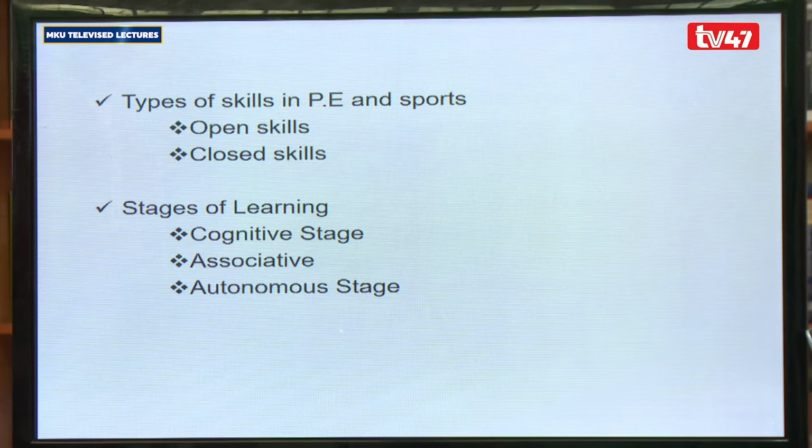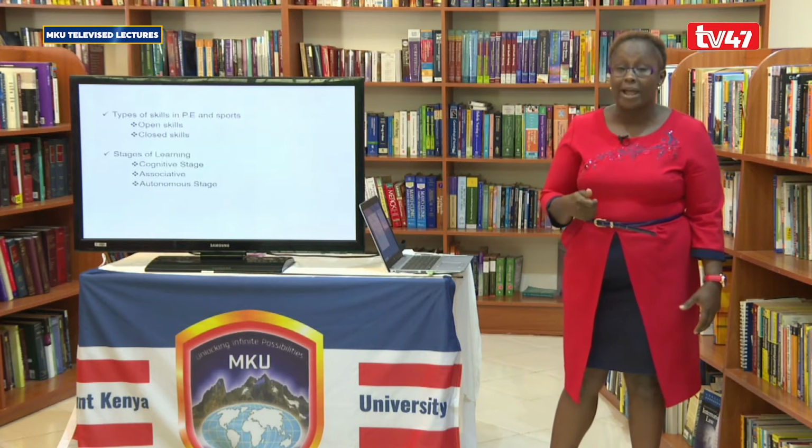For instance, if I'm learning a skill in badminton or tennis, I first have to learn how to handle the racket, which means I must know the grip of the racket itself. So during the cognitive stage, I must ask myself questions like, how do I handle the racket? What grip do I use? During that stage, there are so many errors occurring because the learner is doing it for the first time. But as time progresses, these errors become fewer and fewer.